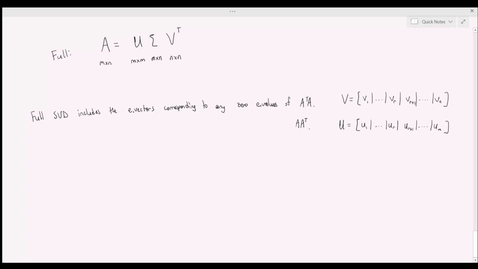Now there's a little bit of a simplification of sorts that you can do here.